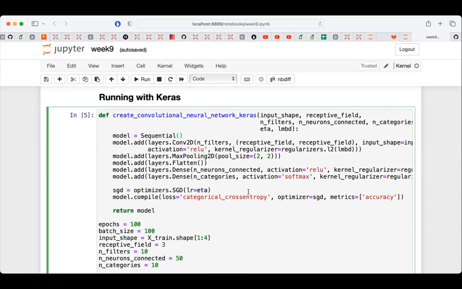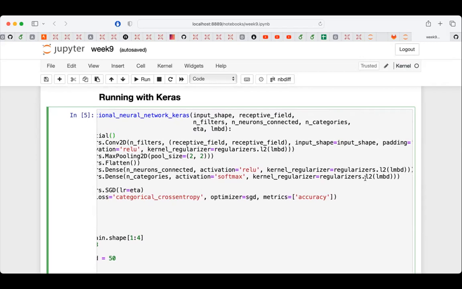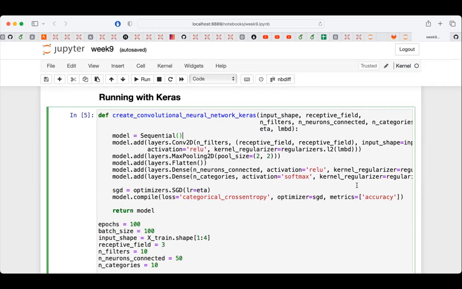And then finally, I have my output layer where I have the activation function, the softmax, and then I have the same regularization parameter. And then I define the stochastic gradient descent with a learning rate here as my optimizer. And then the loss function, which I want to compute, is the so-called cross entropy.